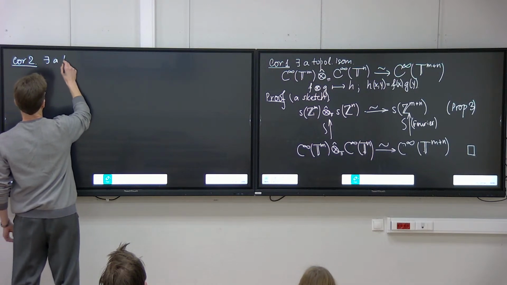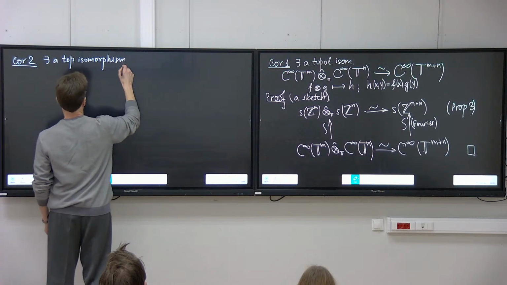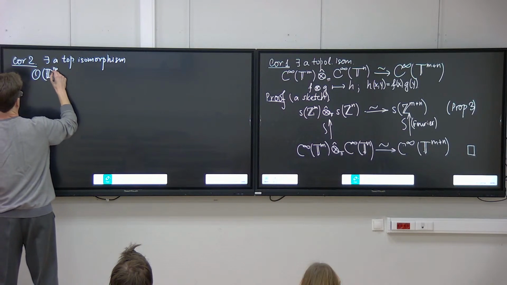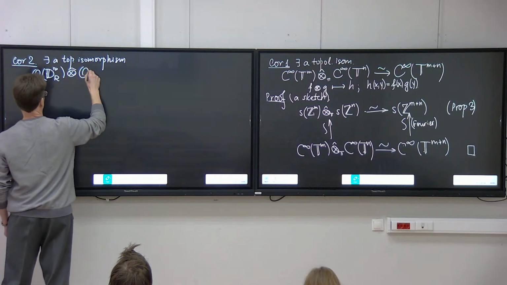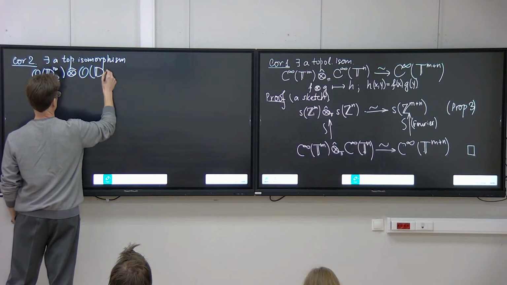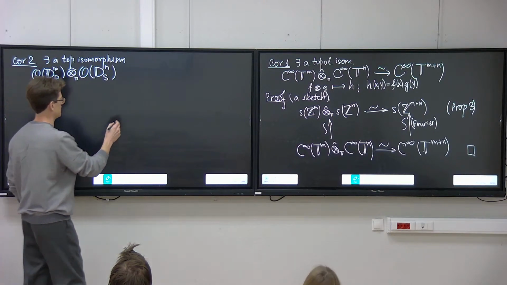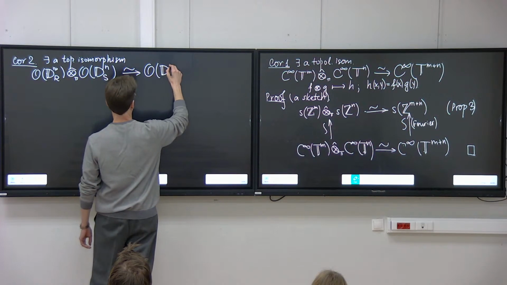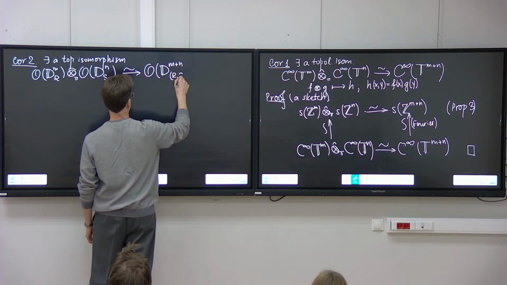There exists a topological isomorphism between the tensor product of the space of holomorphic functions on the m-dimensional polydisk of polyradius R and the space of holomorphic functions on another polydisk of dimension n, and say of polyradius S. So this projective tensor product turns out to be isomorphic to the space of holomorphic functions on the polydisk of dimension m plus n and of polyradius (R, S).